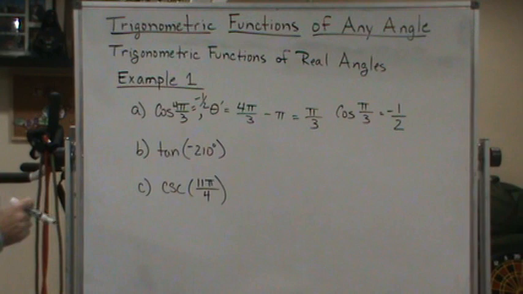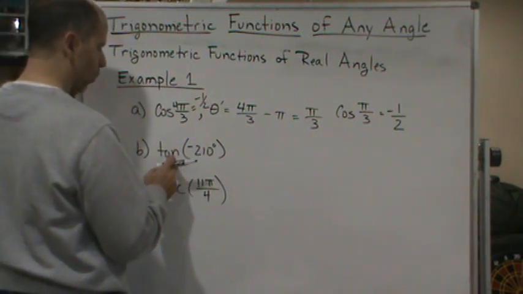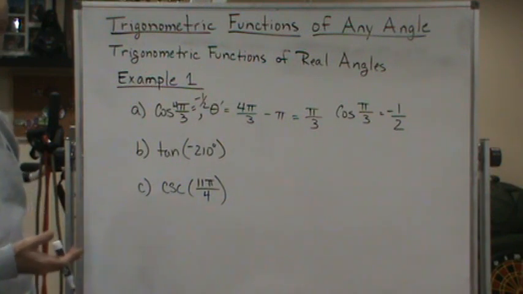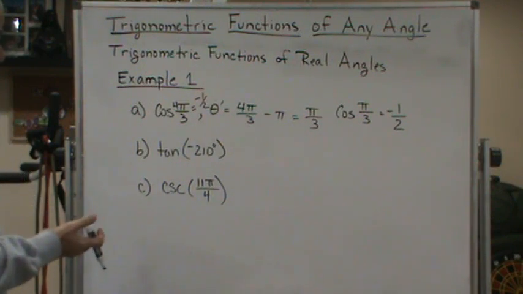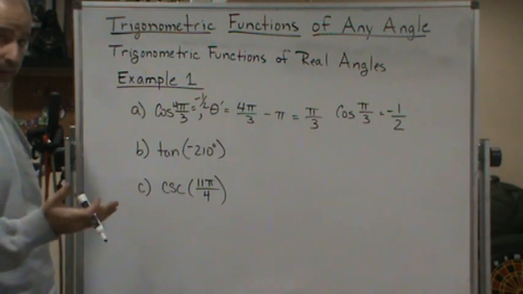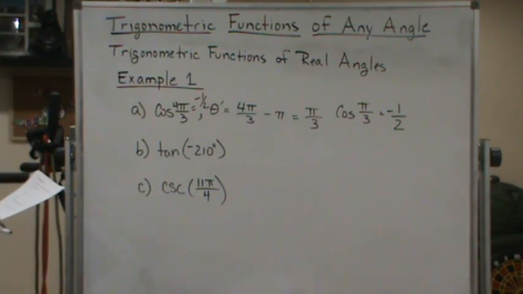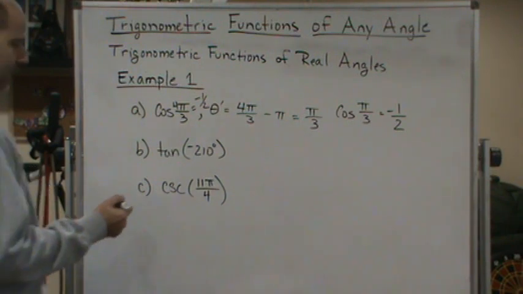Okay, so first thing we want to recognize is what is the sign of tangent in the second quadrant. Remember it's y over x. And in the second quadrant, y is positive, x is negative, so tangent is going to be negative in the second quadrant. Okay? So now what's the reference angle here?